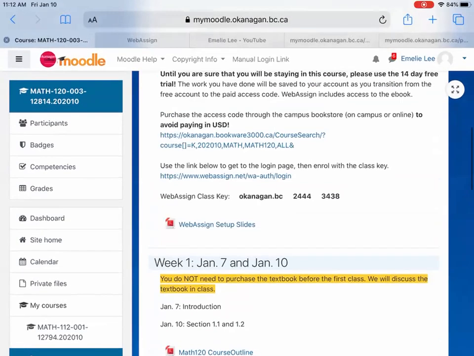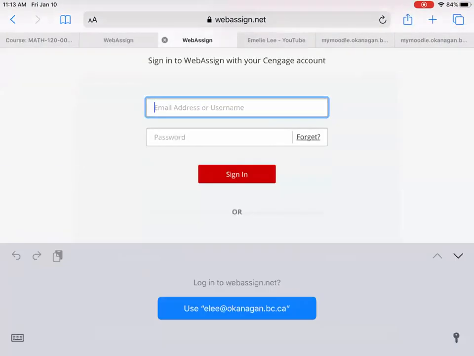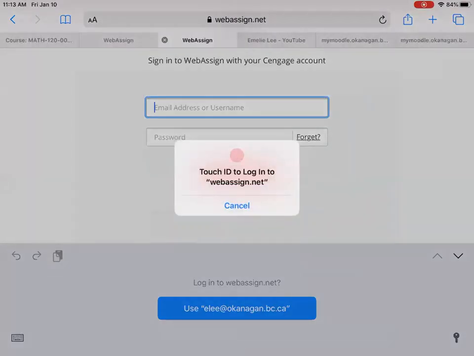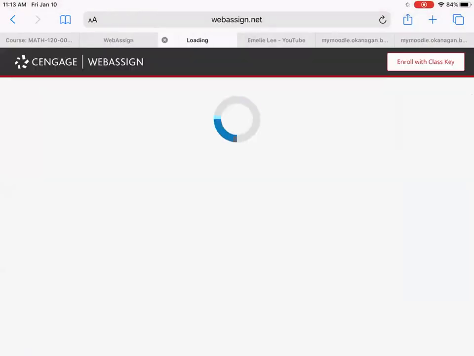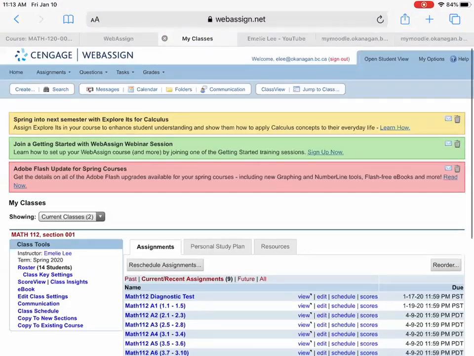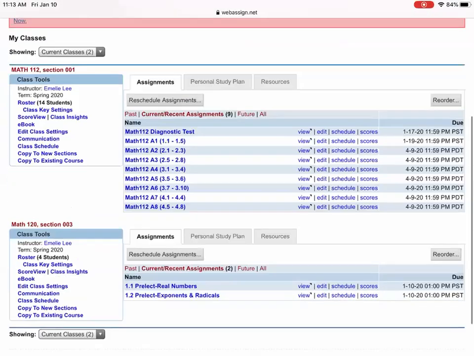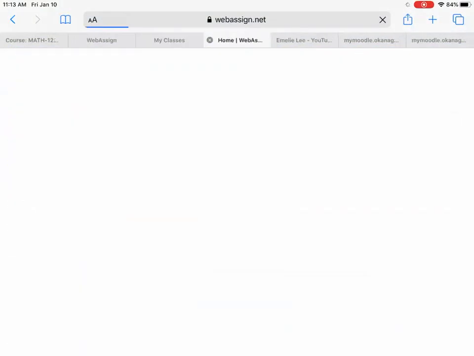If you go there and then you log in, sign in, this is assuming you've enrolled. I've got my 2 classes here, and what if I open student view here?